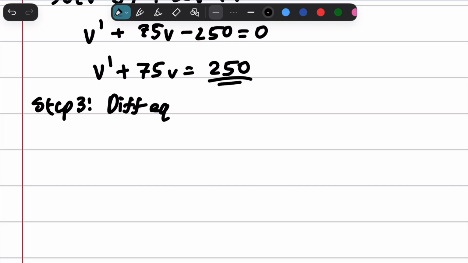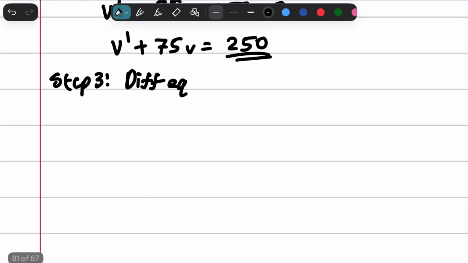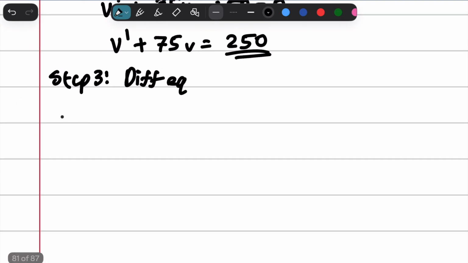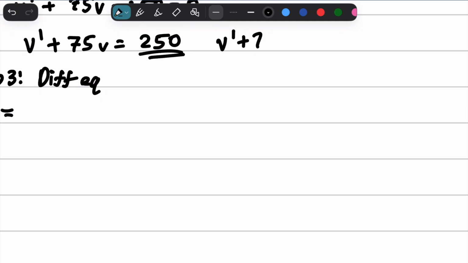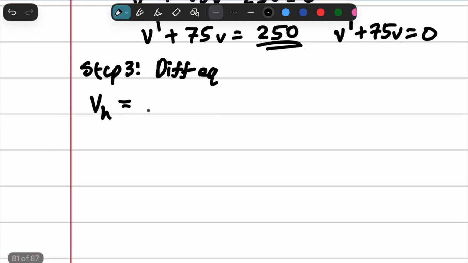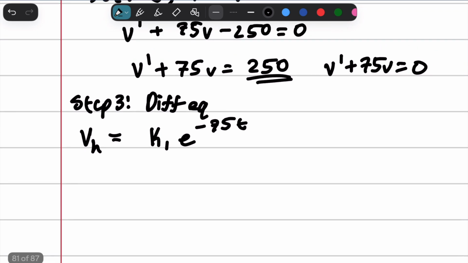And we have a forcing function that's a constant, so we're going to have a particular solution. Let's go ahead and find the homogeneous solution first, where V prime plus 75V is equal to 0. So that's just simply K1, we'll call it K1, e to the negative 75t. And for V particular, we're going to guess that it's K2.